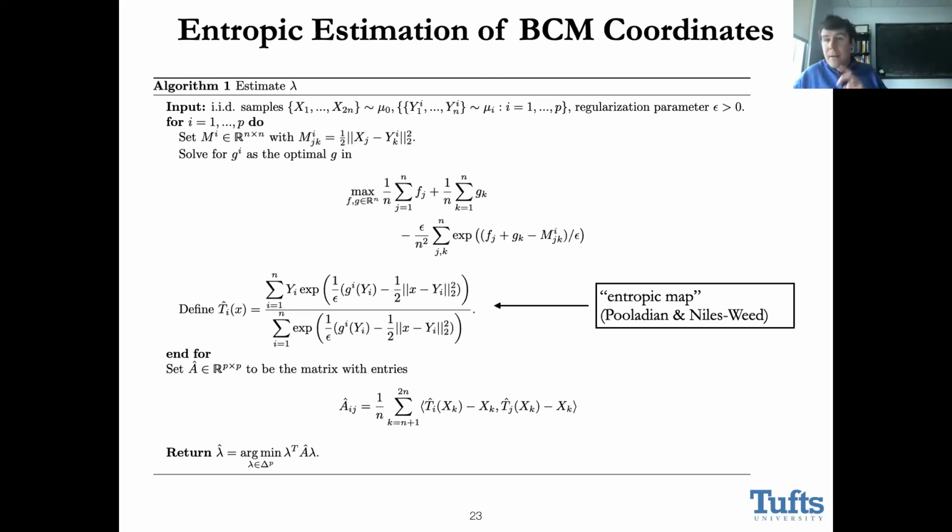These are what I'm calling entropic transport maps, which were pioneered by Jonathan Niles-Weed and his team at NYU. The reason that we look at this entropic map is that it's statistically efficient: one can estimate the entropic map given samples really well.